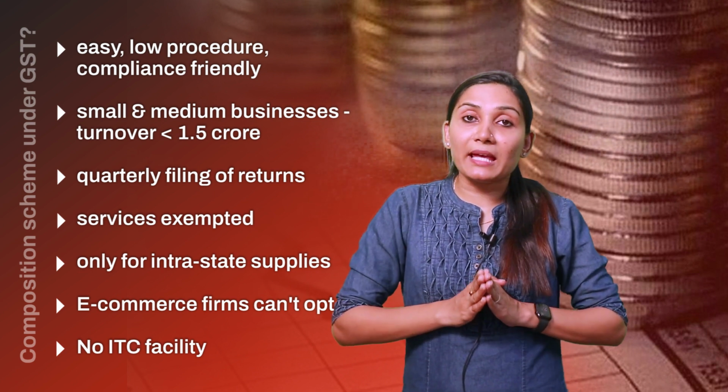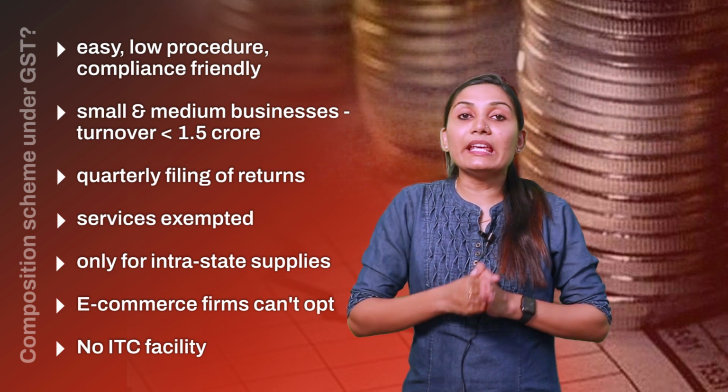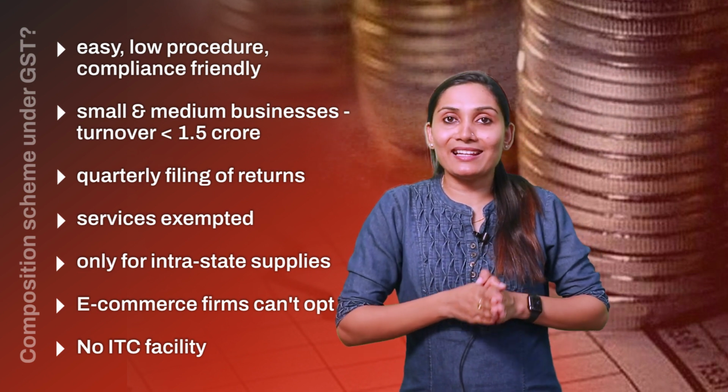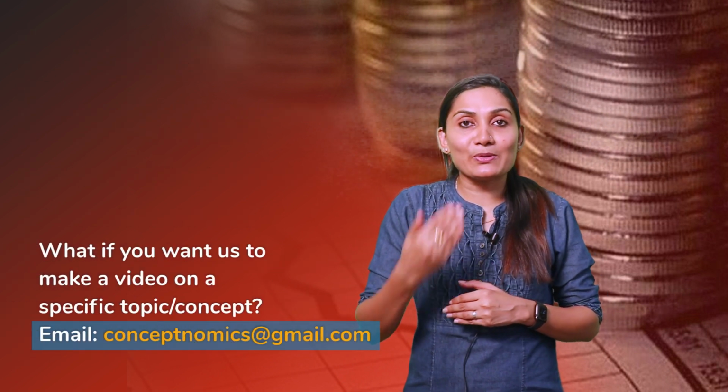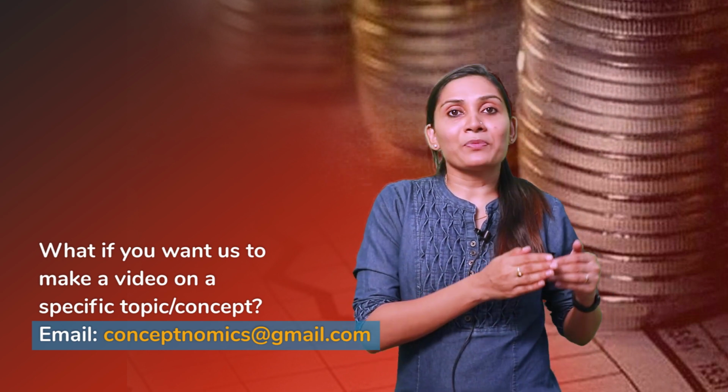Thirdly, the composition scheme is applicable only for intrastate transactions, and e-commerce firms cannot opt for the composition scheme. So these are the conditions to opt for a composition scheme, and those producers who have opted for the composition scheme cannot opt for input tax credit. It is either the input tax credit or the composition scheme.